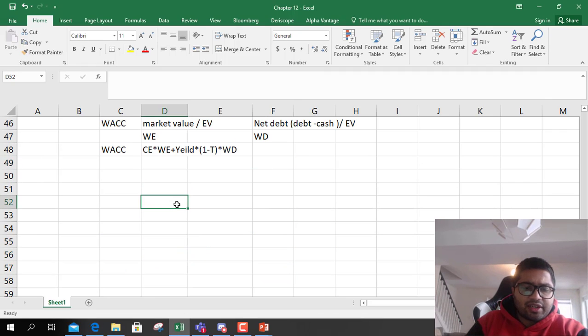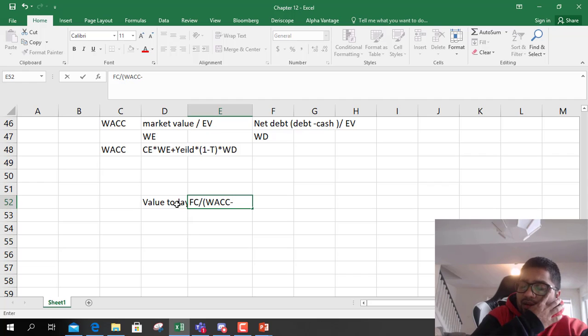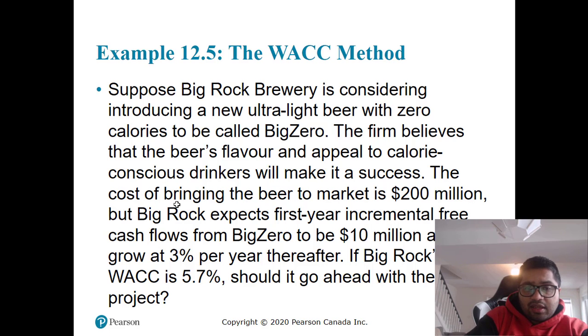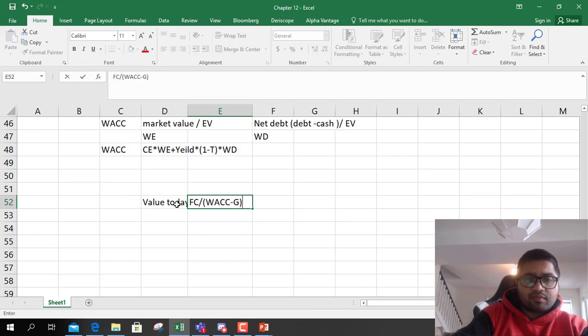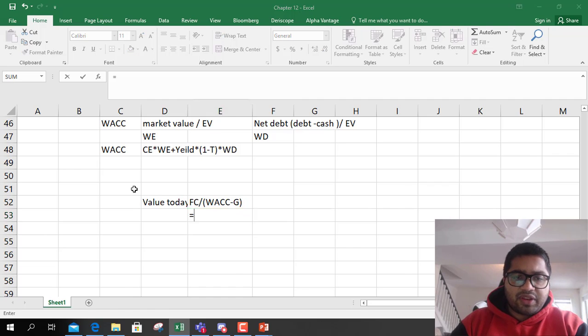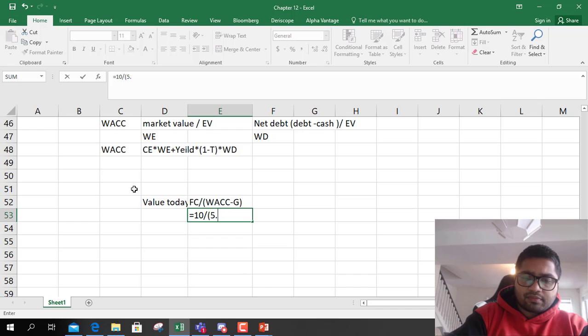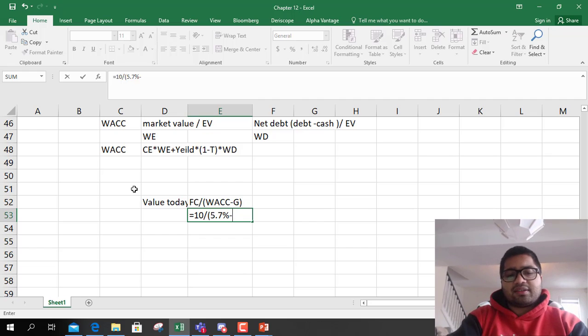So value today is nothing but free cash flow divided by WACC, weighted average cost of capital, minus growth rate. So this is Gordon's growth model that we discussed. So free cash flow is 10 million divided by WACC of 5.7% minus growth rate of 3%.